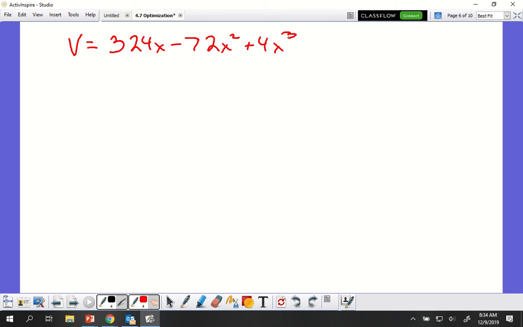All right, so now I'm going to do the derivative. So it's going to be dV/dx, right? Because I'm taking the derivative in terms of x. 324 minus 144x plus 12x squared.